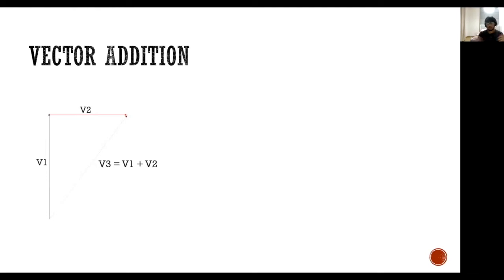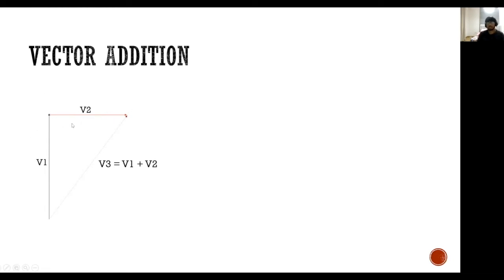As I previously mentioned, you can perform arithmetic operations on vectors. So let's look at vector addition. Let's say I have a vector v1, which holds the value a, and a vector v2, which holds the value of half a, because this is half the magnitude of v1.